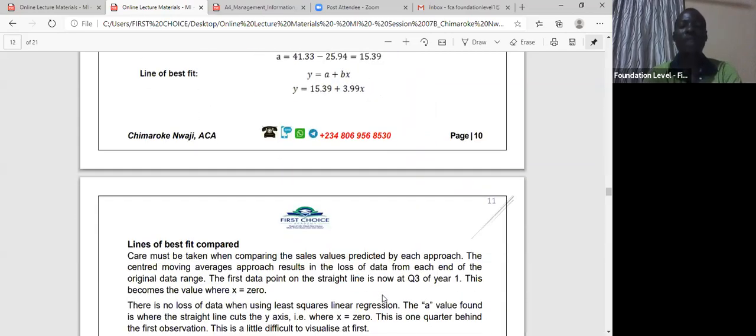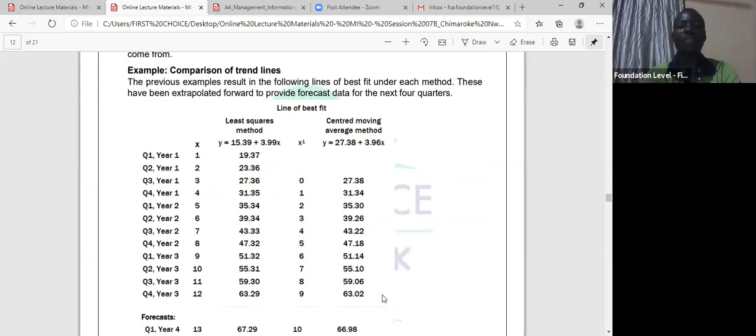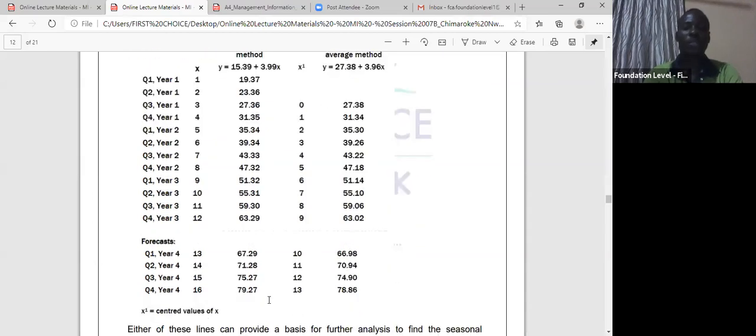Okay. Now we compared the line of best fit using least square method. You start from 1 and there is no data loss. But when you get to centered moving average, there is data loss, especially at the beginning. And so when you want to predict using centered moving average, everything is in relation to where this started.